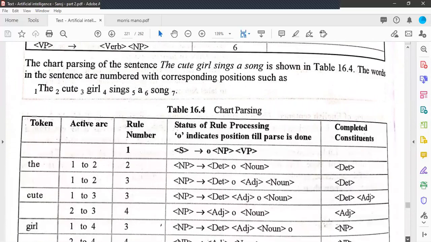What happens here is there are 6 words, and here they have been numbered with the corresponding positions. 1 is the, 2 is cute, 3 is girl, 4 sings, 5 a, 6 song, 7 full stop.